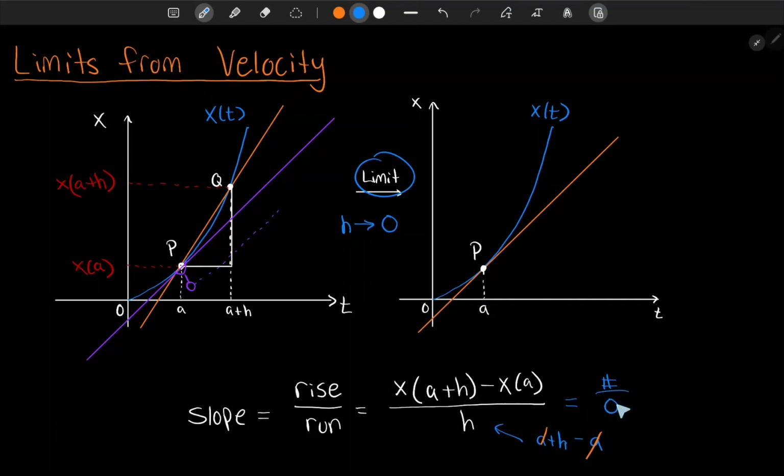And anything over 0 is undefined. So this presents an issue. And limits are the solution to this issue. What limits do is they allow you to correctly make h very small without the limit, or without this slope here becoming undefined.